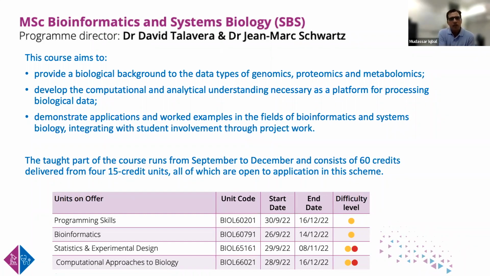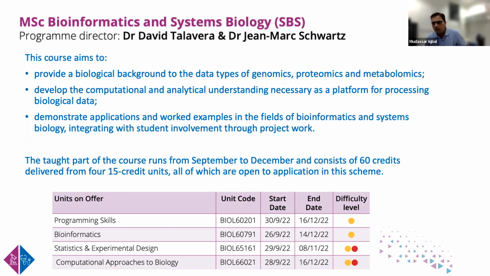So the first course available is our MSc in Bioinformatics and Systems Biology. It mainly caters for students with computer science, maths, life sciences, and medical sciences degrees, so most courses would not assume any significant prior informatics background.